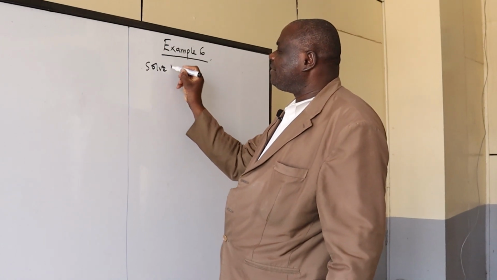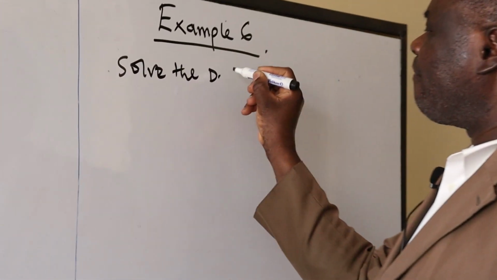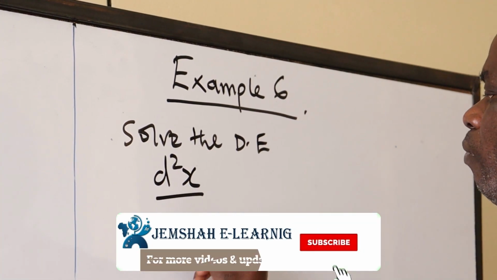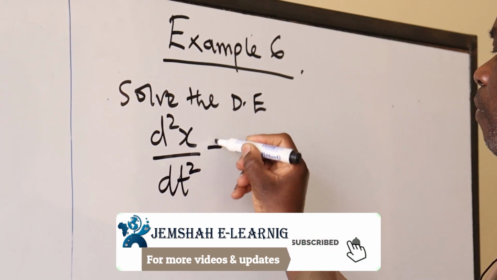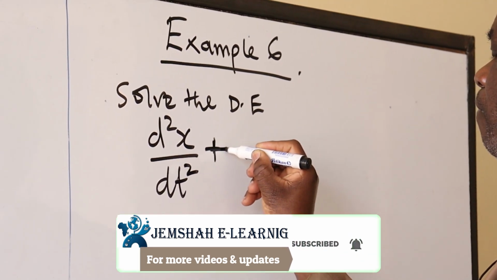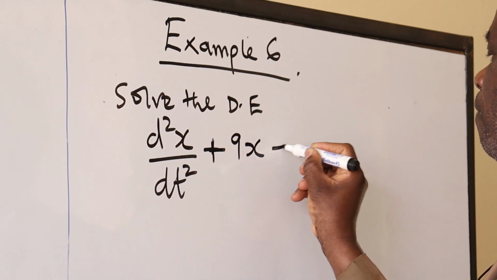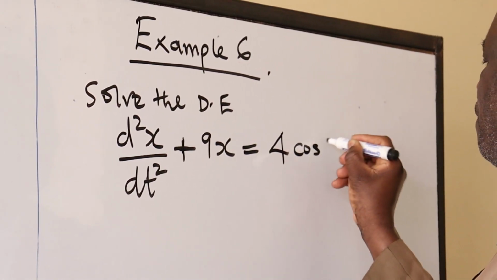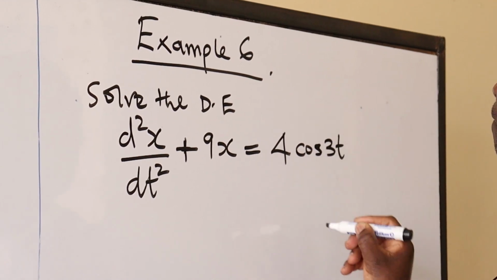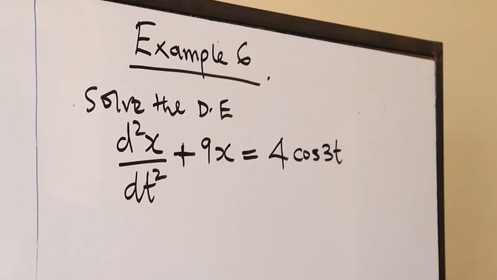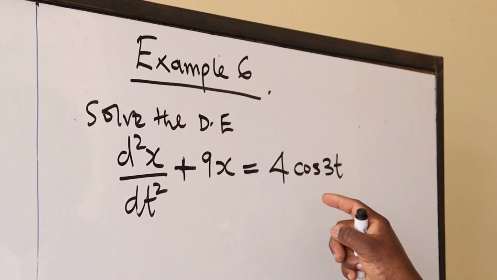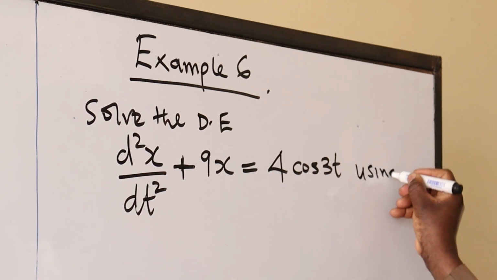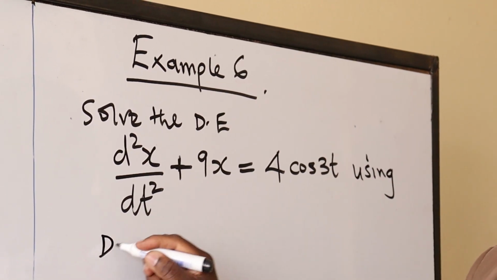Solve the DE: d squared x dt squared plus 9x is equal to 4 cos 3t using the operator method.